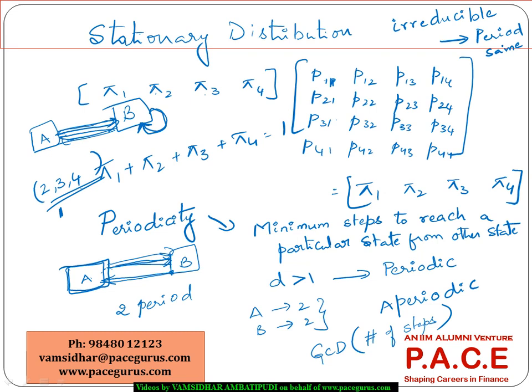Because if one of them is aperiodic, and if the process is irreducible, then I can very well say that all of them will have the same period, meaning all of them will have a period of 1, all of them are aperiodic, which means overall the whole Markov chain is aperiodic.